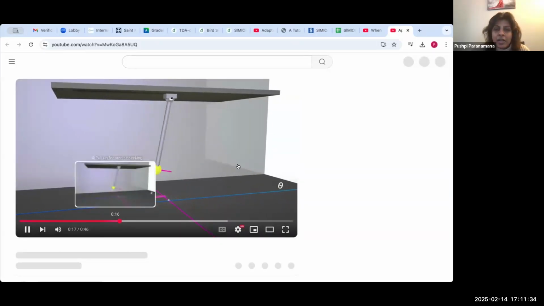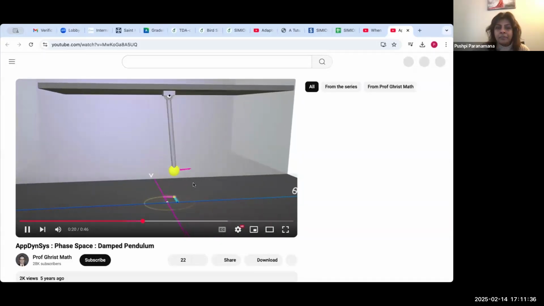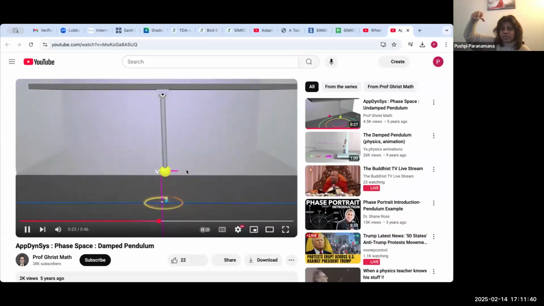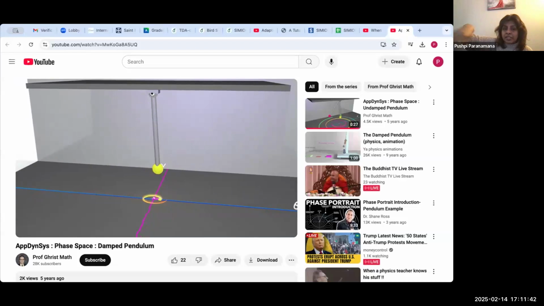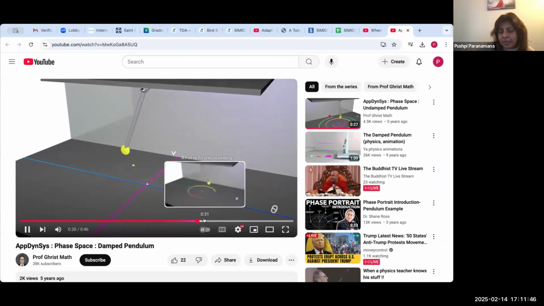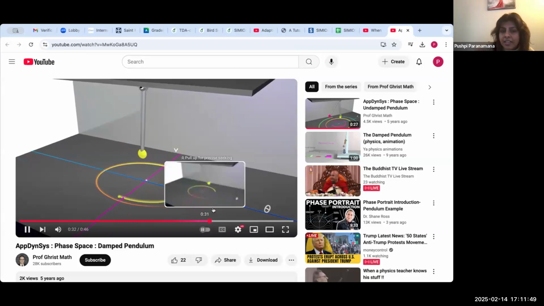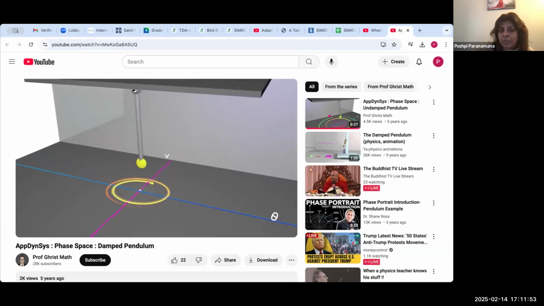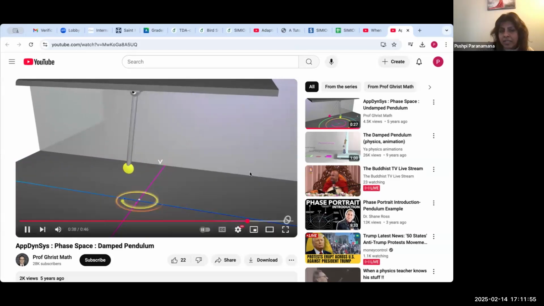They can actually see the phase plane and also how it corresponds to the actual pendulum. So I found these two other videos for the damped pendulum and undamped case. These were very helpful for the students to see.